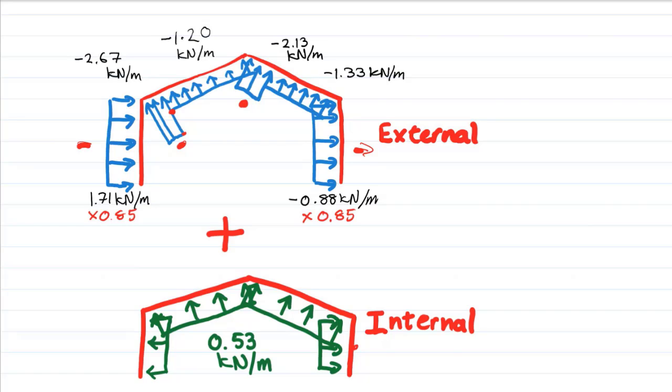Okay, so that takes us through how to get from a pressure and wind speeds right at the beginning in question 1 right through to distributed loads that we can physically apply to our structure, and then run the analysis to get to an answer.